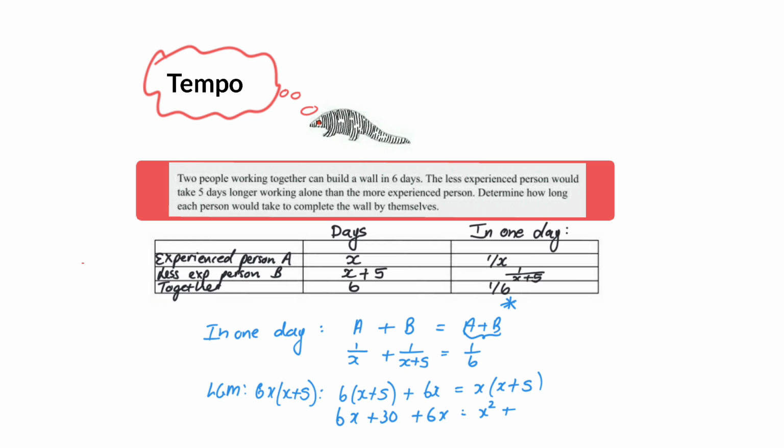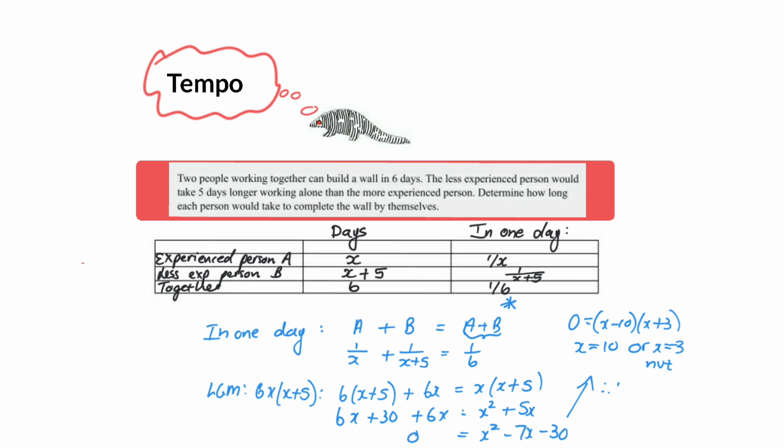It's going to be a quadratic equation, x squared minus 7x minus 30 equals 0. If we carry on here, we get (x minus 10)(x plus 3), and then x is 10, or x is negative 3. You can't build a wall in negative 3 days, so x is 10.